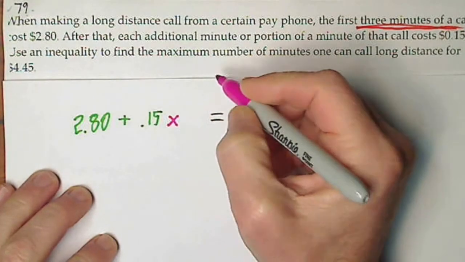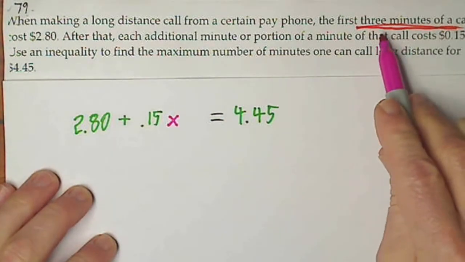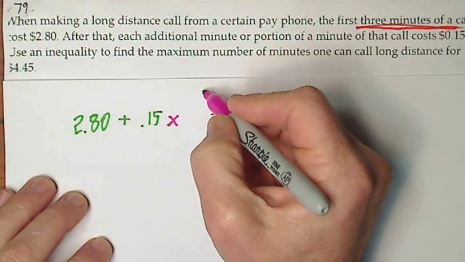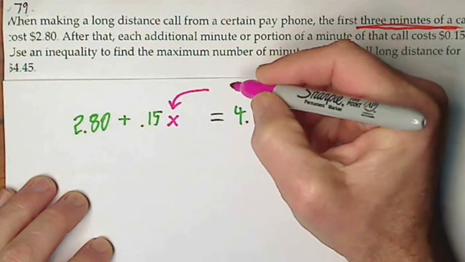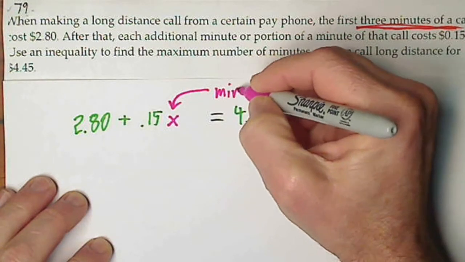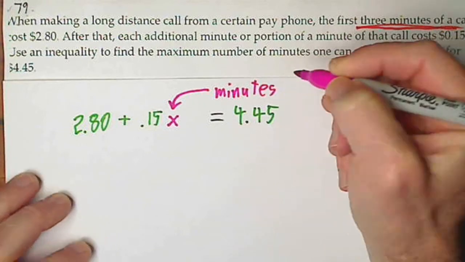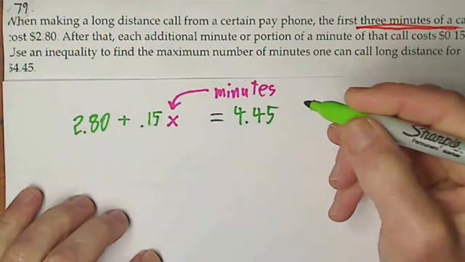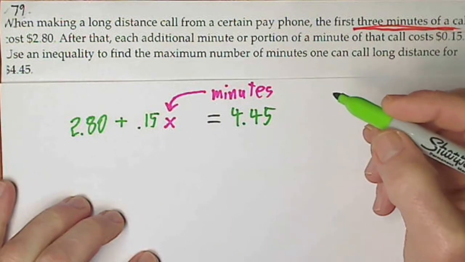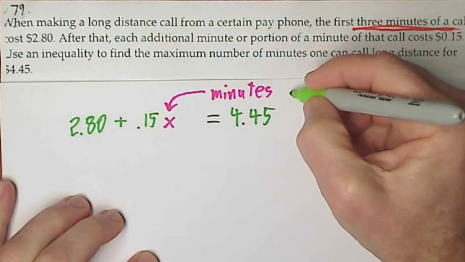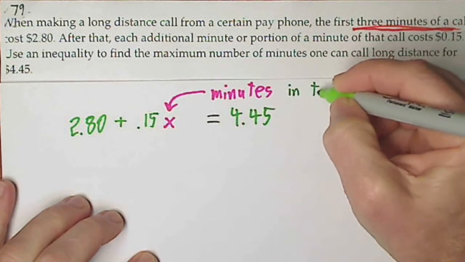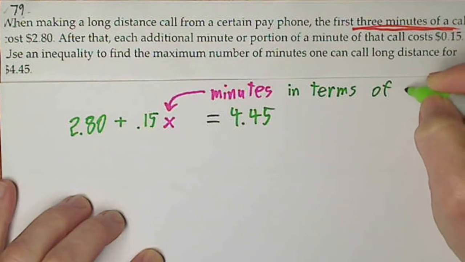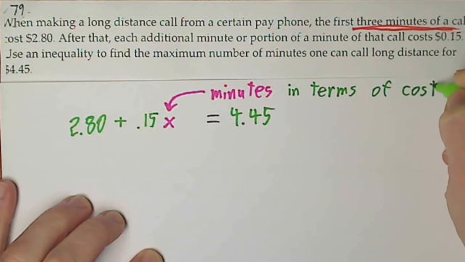Okay? And notice I kind of skipped over this first 3 minutes of the call. X is minutes. And this might be a little bit hard to see, but this is minutes in terms of cost.